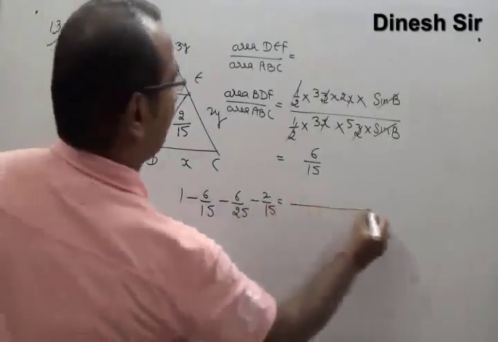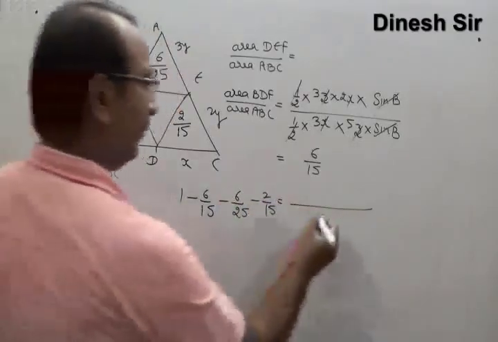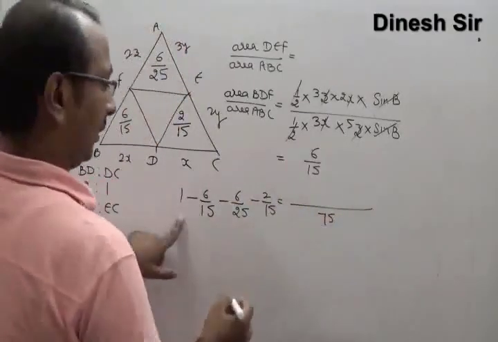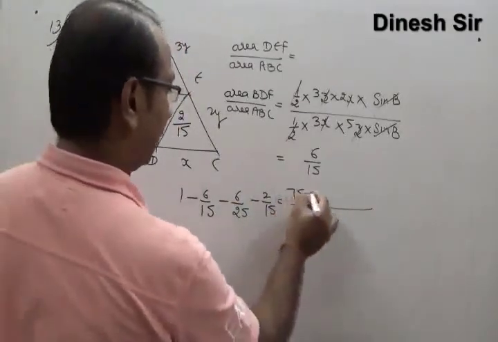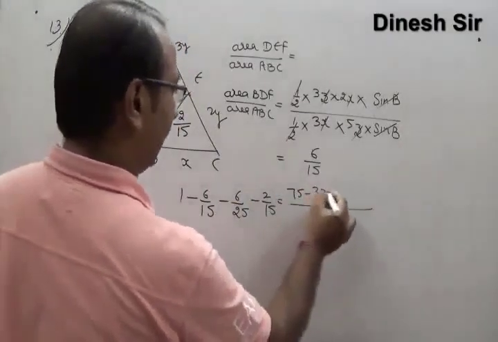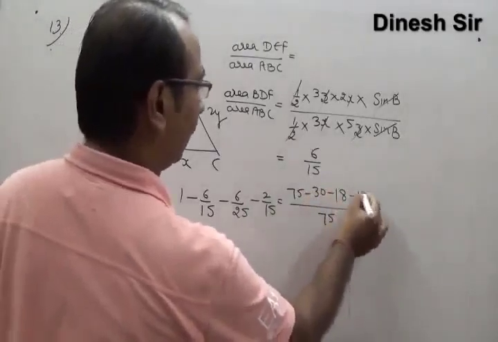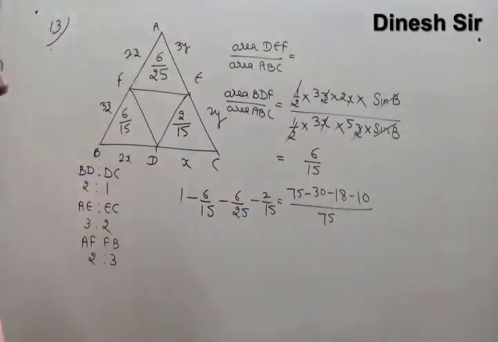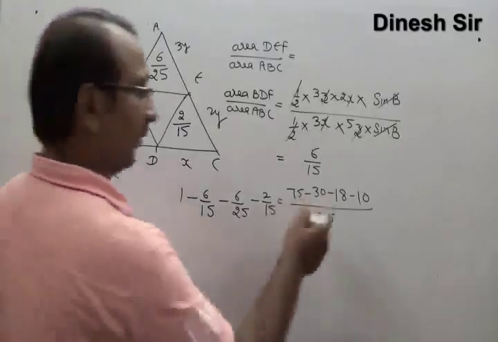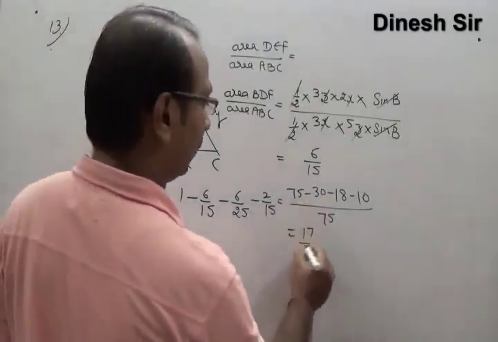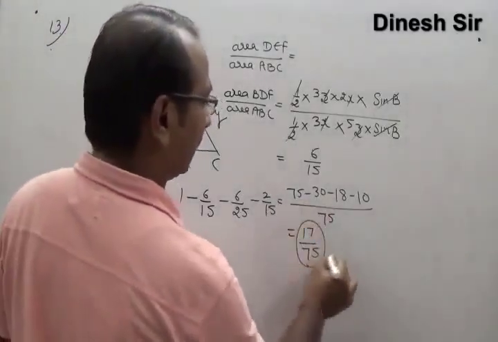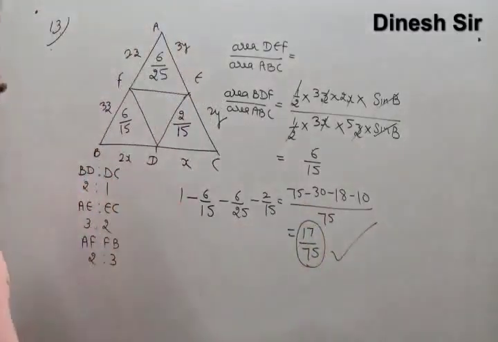The LCM is 75, so that is 75 minus 30 minus 18 minus 10. 30 plus 10 is 40, 40 plus 18 is 58, and 75 minus 58 is 17 upon 75. So the ratio of the area of this triangle with the total is 17 upon 75. By this we get our answer.